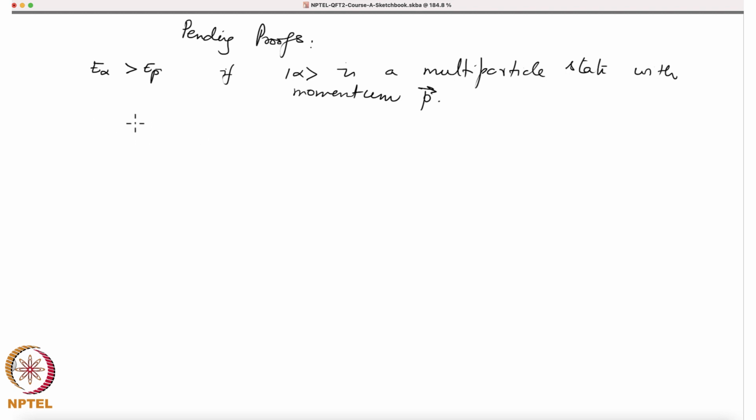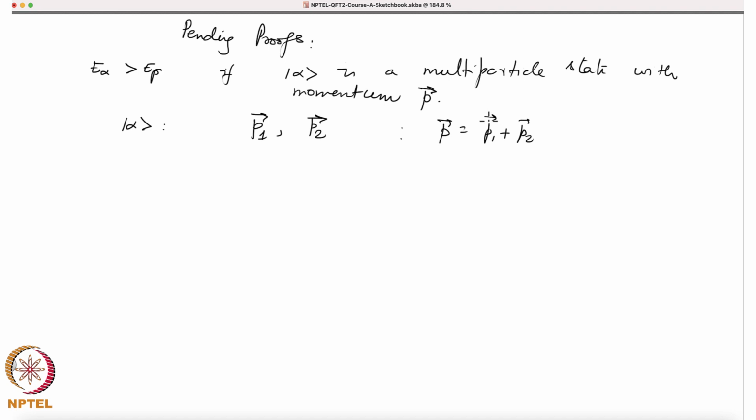So let's take ket alpha as a two-particle state. One of them has momentum p1 and the other particle has momentum p2, and the sum of the two is p.